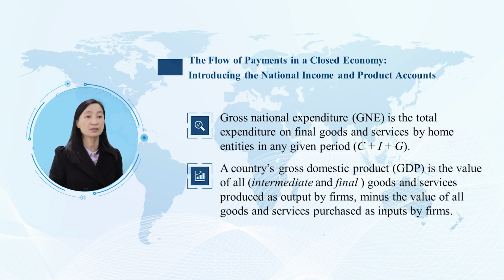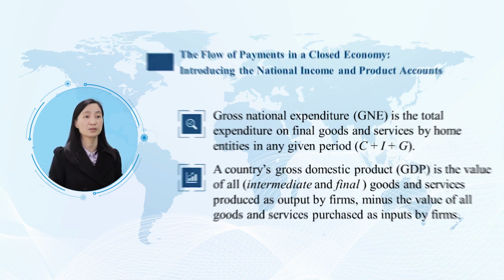A country's gross domestic product, GDP, is the value of all intermediate and final goods and services produced as output by home firms, minus the value of all intermediate goods and services purchased as inputs by home firms.